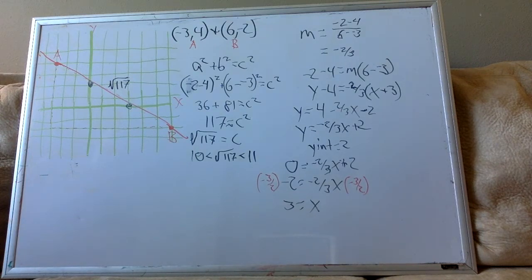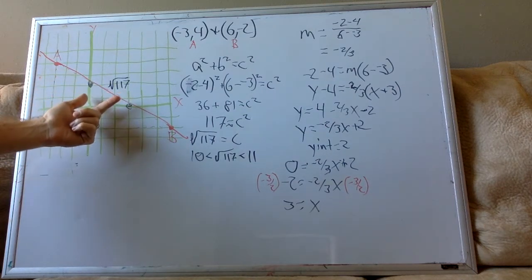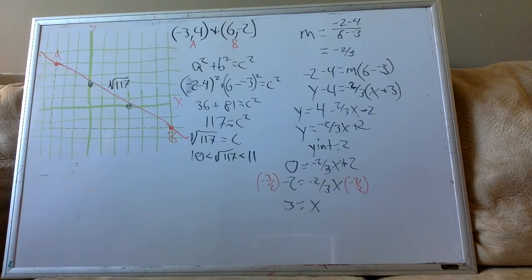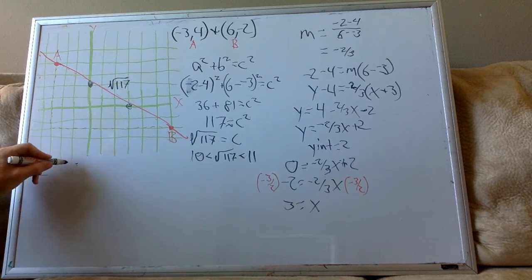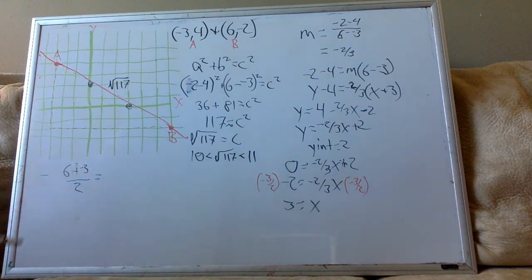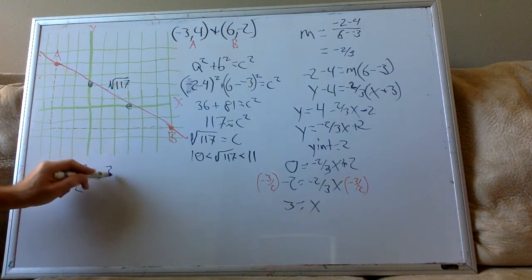The midpoint formula is based on the notion that if you take the distance from the origin of each piece and then average that, you get that. So in the same way, we can take our x values, so in this case 6 and negative 3, we'll add those together and divide by 2. So that's positive 3, so we get 3/2.